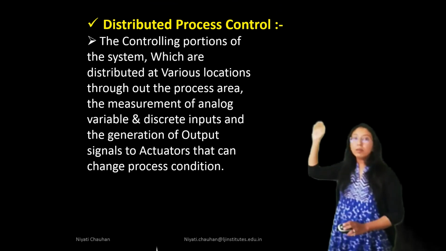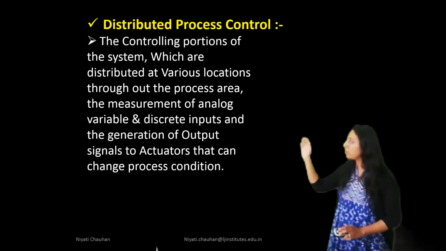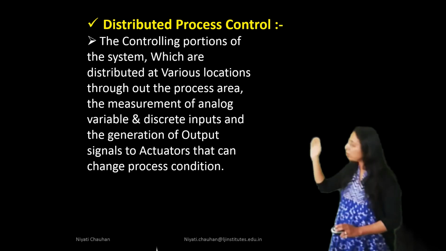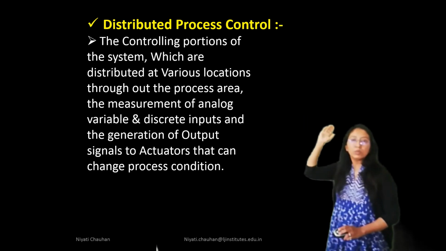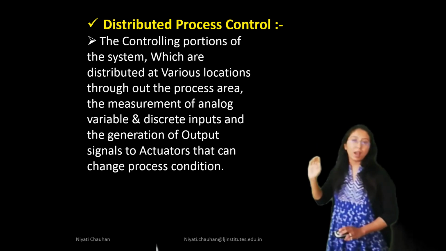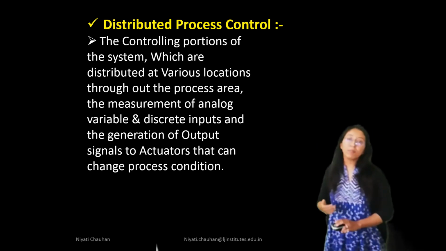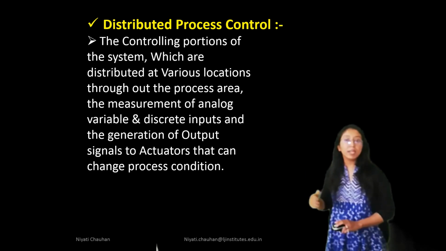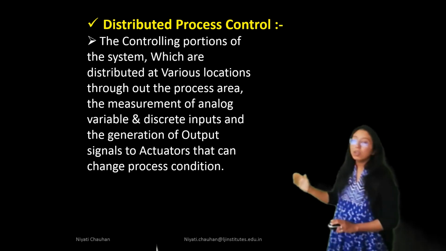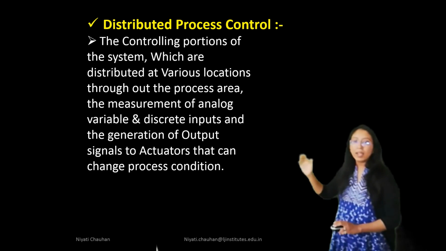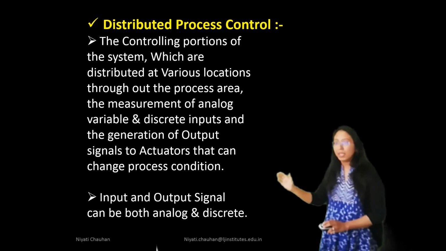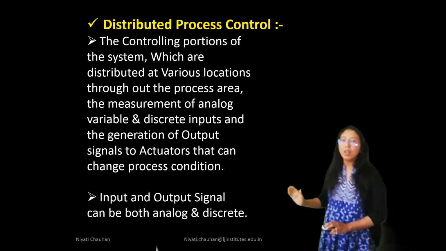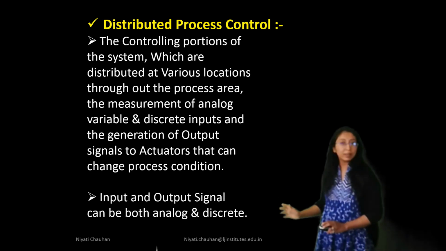The controlling portion of the system is distributed at various locations throughout the process area. It measures analog variables and discrete inputs and generates output signals to actuators that can change process conditions. Input and output signals can be both analog and discrete.